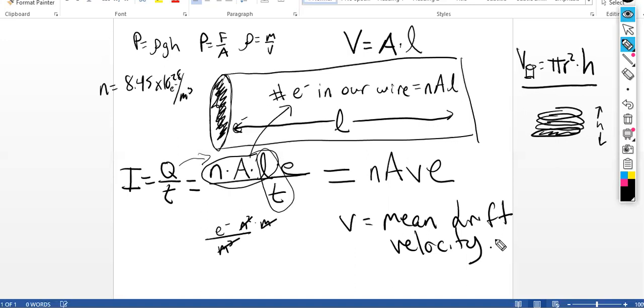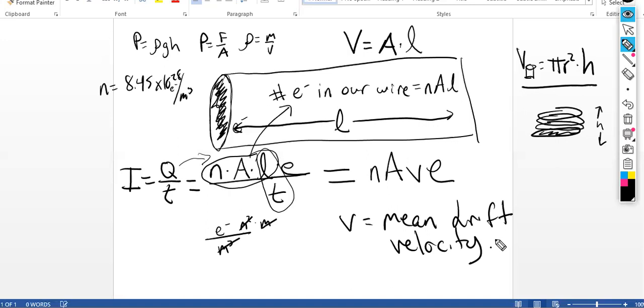You'll see forms of the equation I = nAve, the number density times the area times the velocity times the elementary charge. And sometimes v will be the subject of that. In other words, we'll be asking, what is the mean drift velocity of the electrons in a circuit whose current is, right?